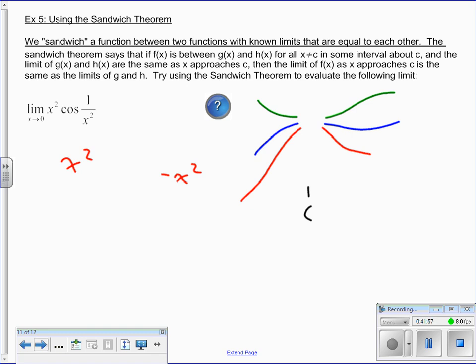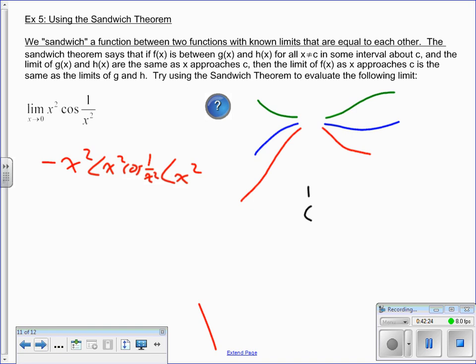Actually, I need to work this around the other way to make it work. Negative x squared is always negative, so it goes towards 0. This is always positive, but goes towards 0. Between the two.